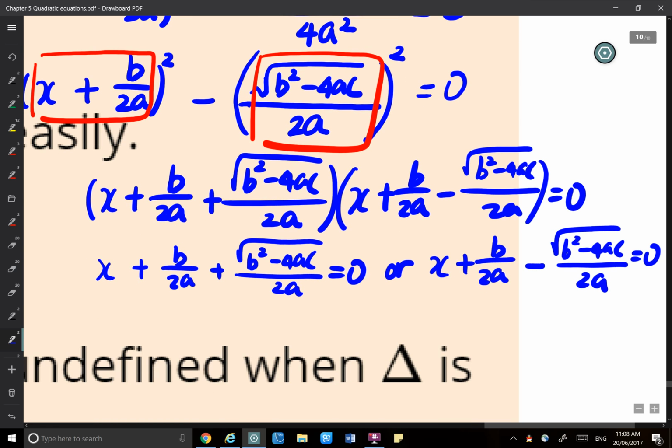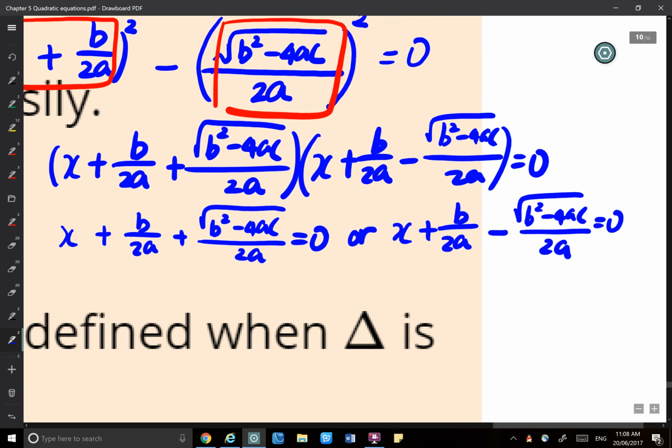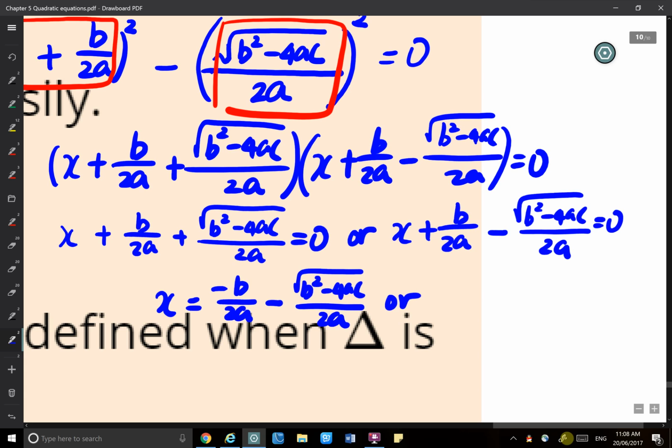Okay, it's either that equals 0 or the other equals 0. So what does x equal? X equals minus b over 2a minus the square root of b squared minus 4ac over 2a, or x equals minus b over 2a plus the square root of b squared minus 4ac over 2a.